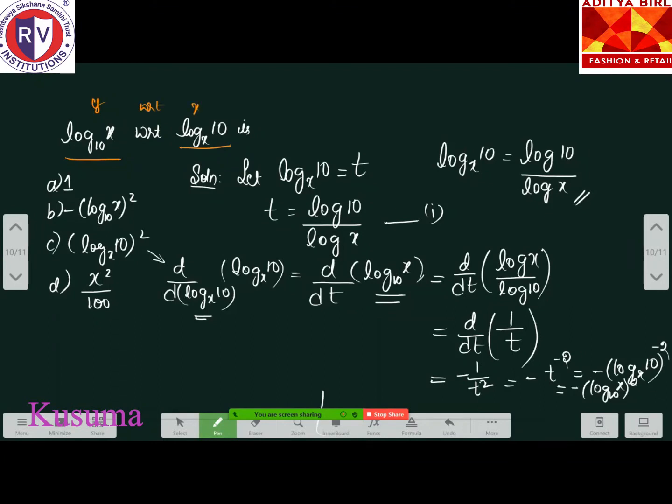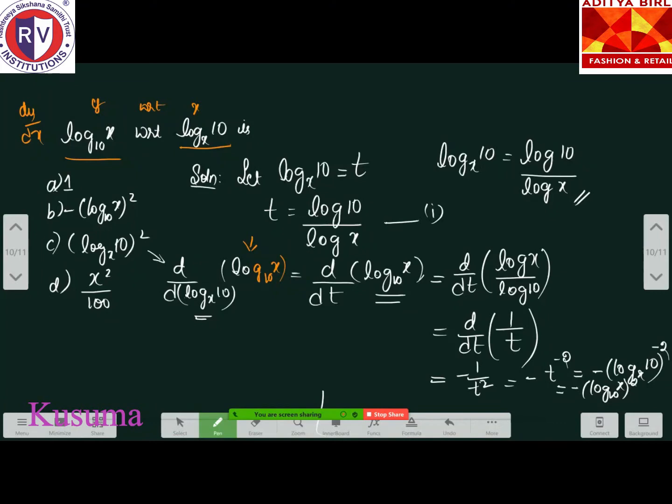When you differentiate y with respect to x, you write it as dy by dx. So we have to differentiate this log x to base 10 with respect to log 10 to base x.